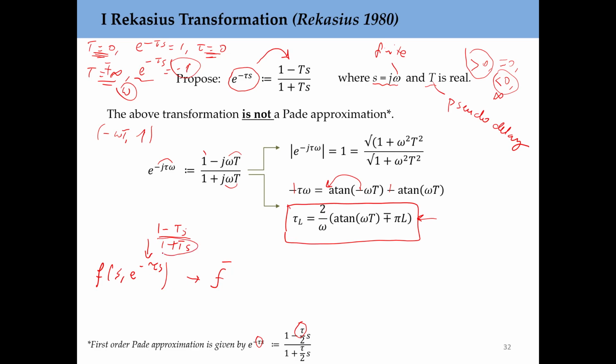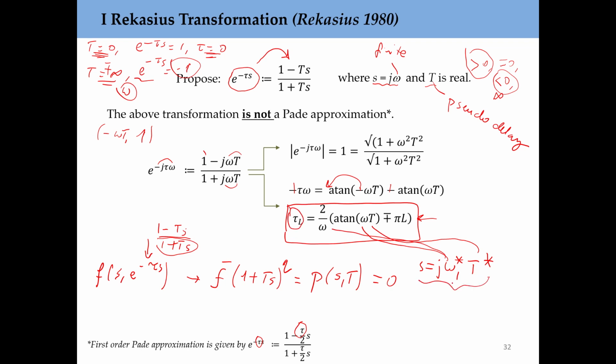You have these denominators, but they will not make problems for you, because you can expand the equation to whatever power you need and make it a polynomial in s and T equal to 0. Your goal will be to solve for s equals j omega for some T values, T star. Once you find omega star and T star, you substitute them back in here, and then you can recover the tau.